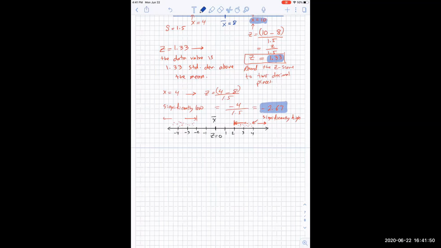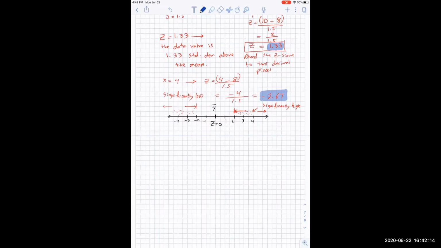If it has a negative z-score, it's below the mean. And notice that statement here: the higher the z-score, the more extreme, the more significant the value is. Okay, let me explain with this example, and then we'll stop after this point.